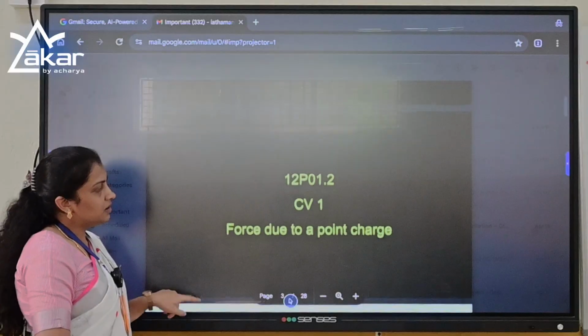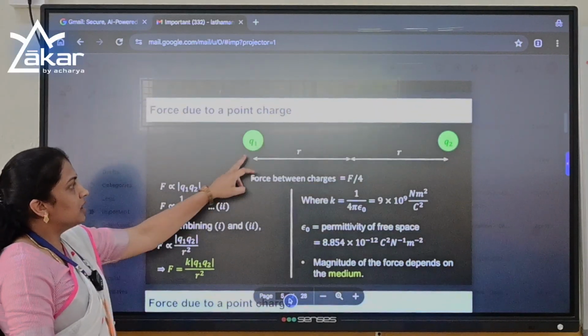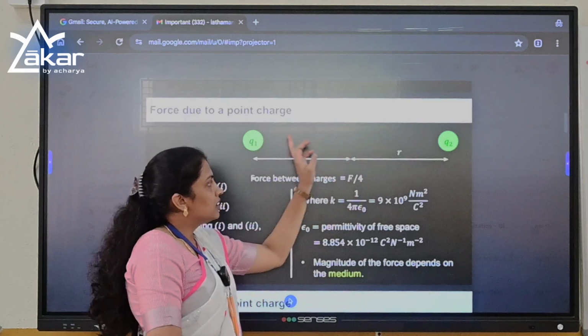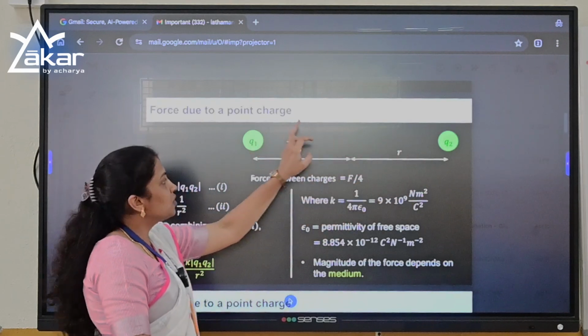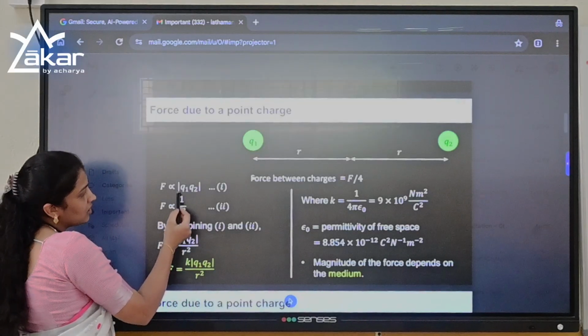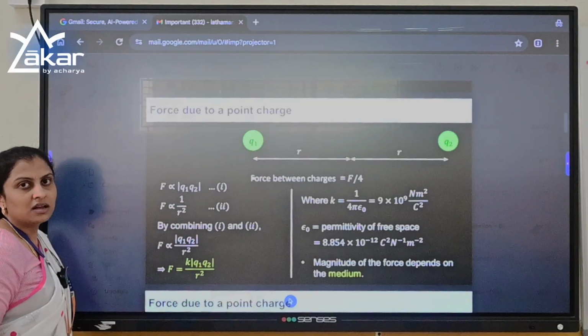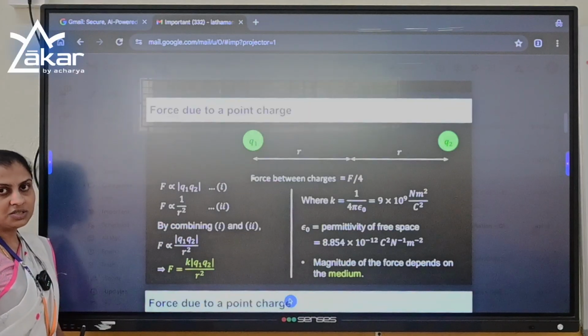Now I will explain Coulomb's law. Here you can take two charges, and the distance between the two charges is r. F is directly proportional to the product of the magnitudes of the two charges, and F is inversely proportional to the square of the distance between them.